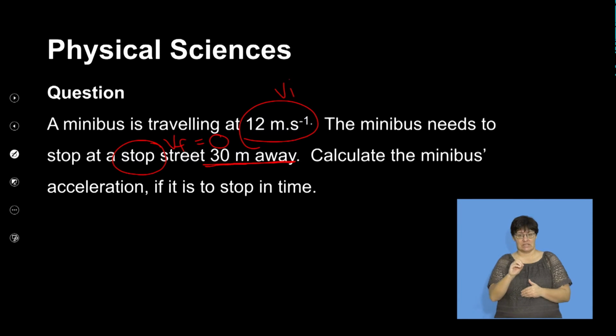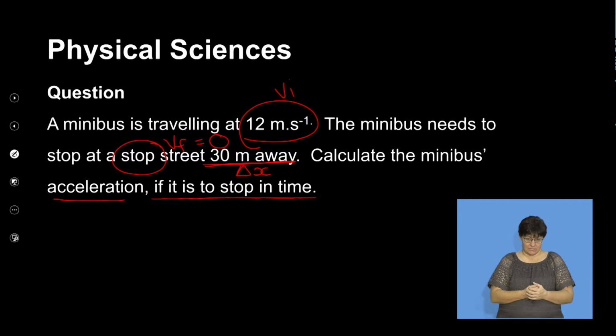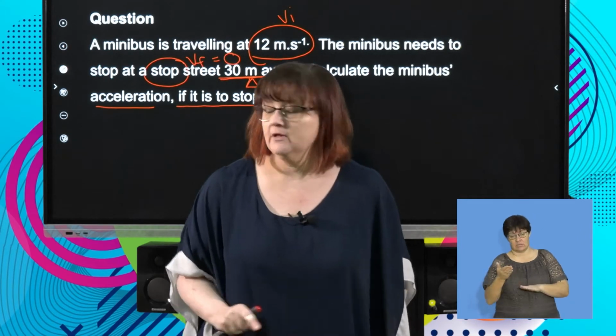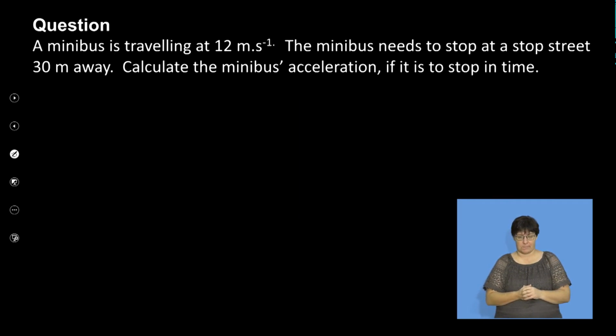That's delta x. Now they say calculate the minibus's acceleration if it is to stop in time. They don't give me time. They want acceleration. So, let's see. We're going to start with writing down what we know.